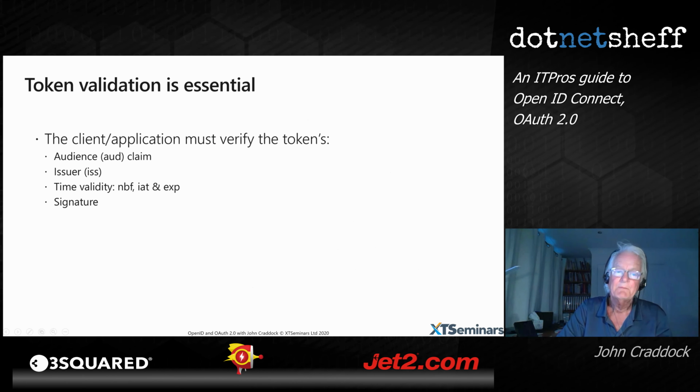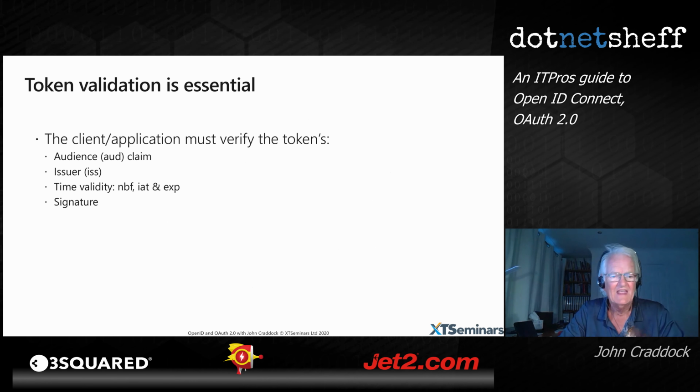Token validation, absolutely essential. So when you receive a token, what the app needs to do is check the audience and say, first question, is it for me? Is it from an issuer I trust? Are the timestamps valid on it? And is the signature valid? I've had a number of instances where signature validation has been turned off. The developer has been trying stuff, hasn't succeeded in actually signing the token correctly.